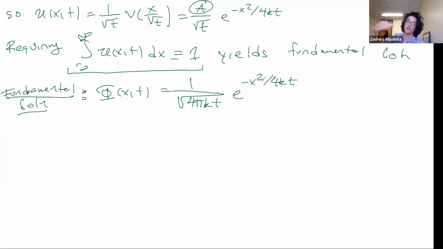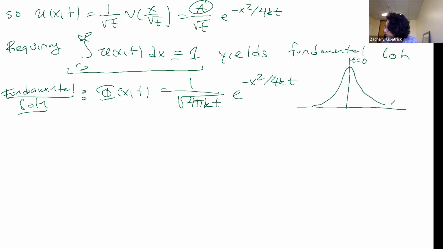So as t goes to 0, your fundamental solution is going to concentrate. It's going to become more and more spiky, and essentially it'll become like a delta distribution at 0. And then it's going to spread out as you move forward in time, as you would think diffusion would.